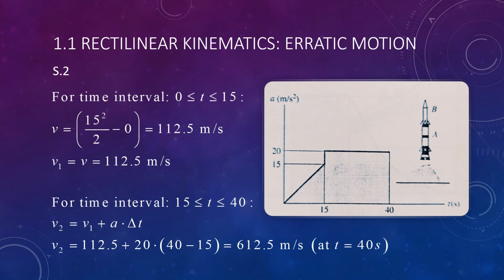The velocity at 15 seconds is calculated as 112.5 meters per second. In order to calculate velocity at 40 seconds, we will use the equation v2 is equal to v1 plus a delta t. From that equation, the velocity at 40 seconds is found as 612.5 meters per second.